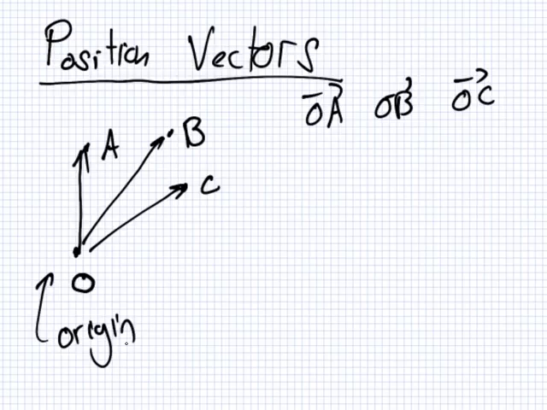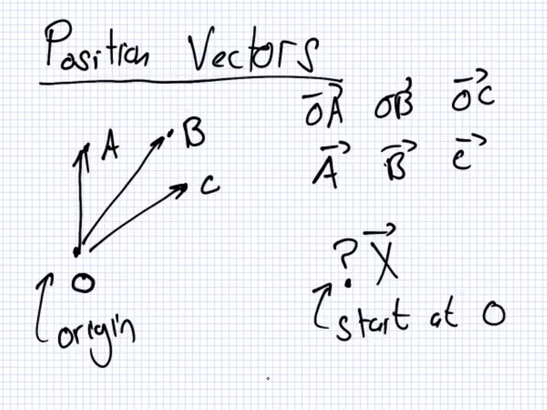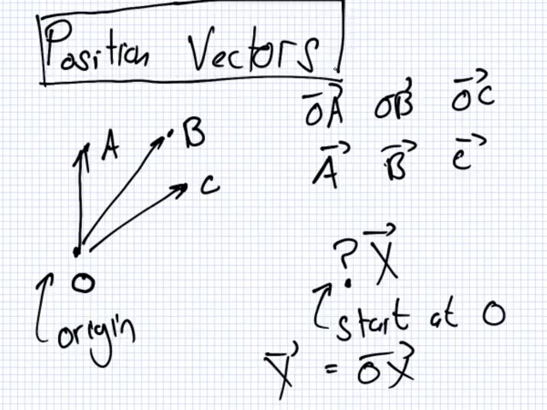Because these all start with O, it is quite helpful just to write them as A, B, and C. In other words, if you have X but there's something missing in front of it, that means start at O. So x equals OX. And this is called a position vector. This is the basic idea.